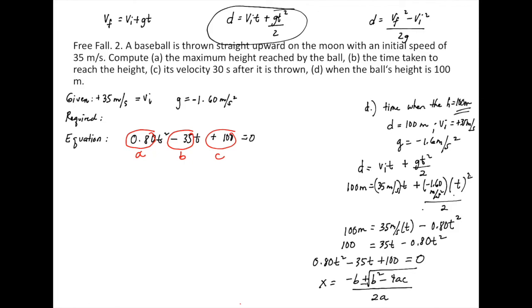We have here the value of t equals negative b, which is negative 35, plus or minus the square root of b squared, which is negative 35 squared, minus 4a, which is 0.80, times the c, which is 100, divided by 2a, which is 0.8.